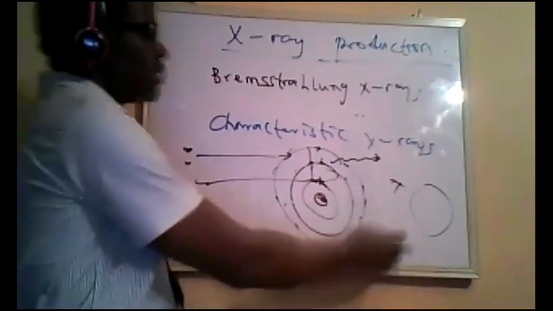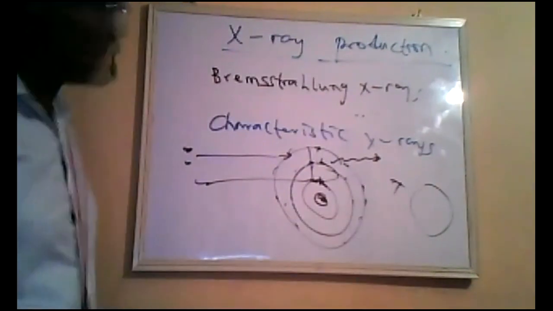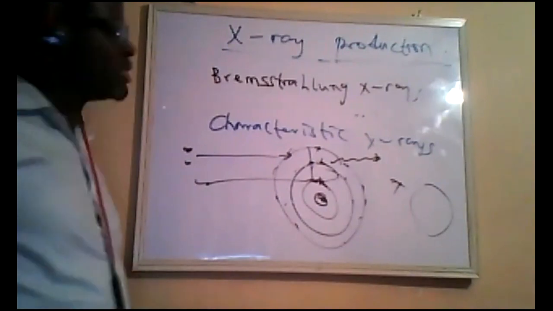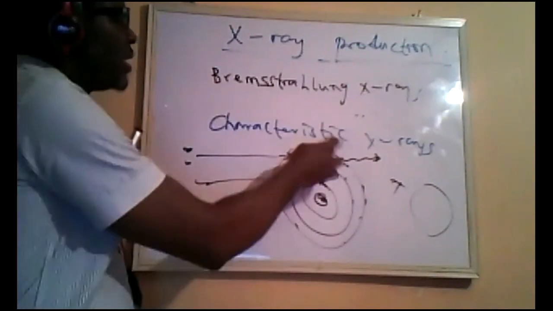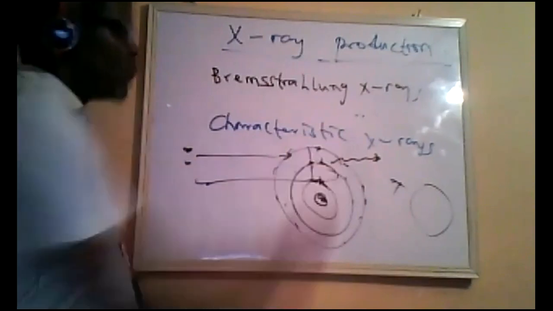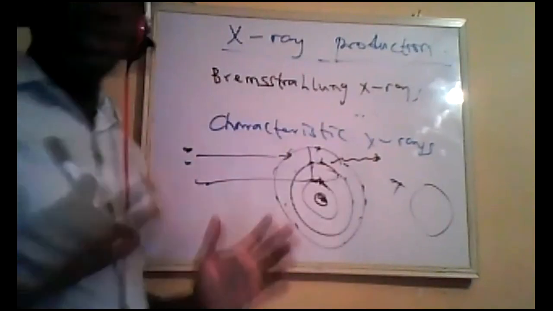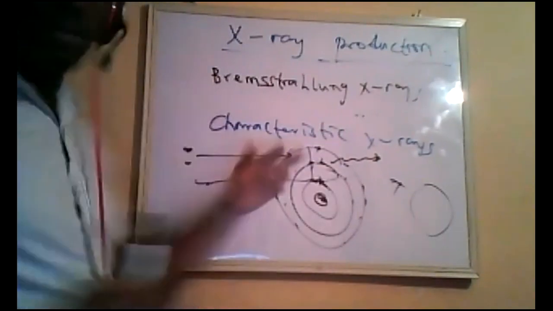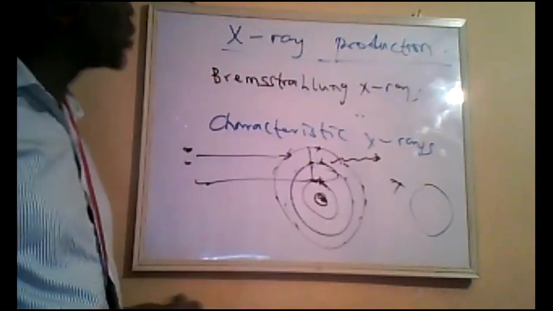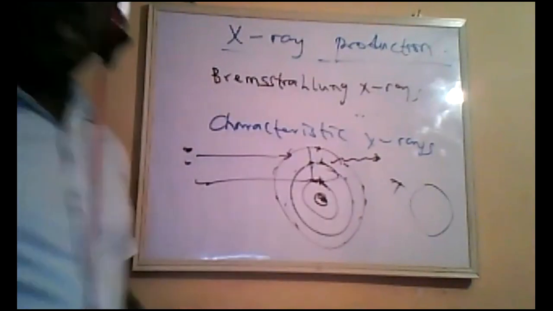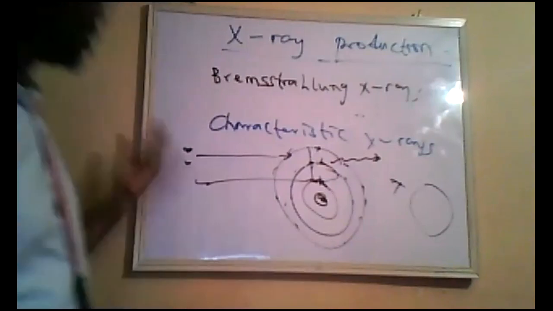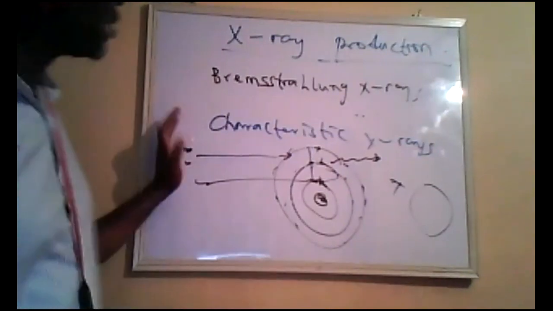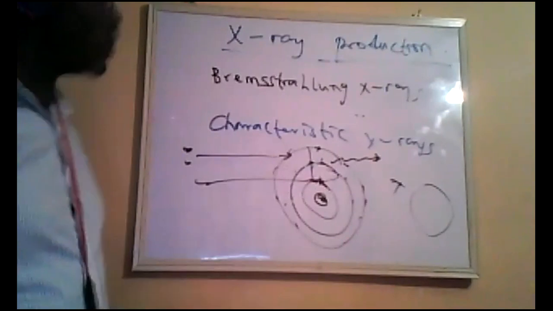If it is tungsten, the energy is a known energy, L to K. Likewise, M to L or M to whatever. It is a known energy. So it is characteristic of that atom or that element. That is why it is called characteristic X-ray. So it is just the interaction of this electron with the orbital electron.